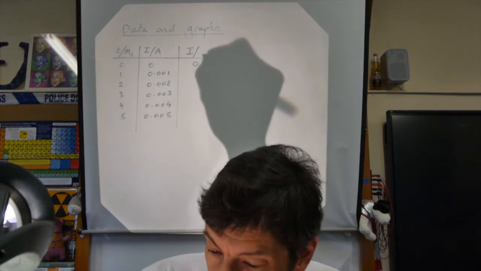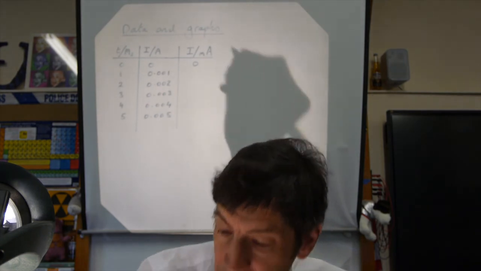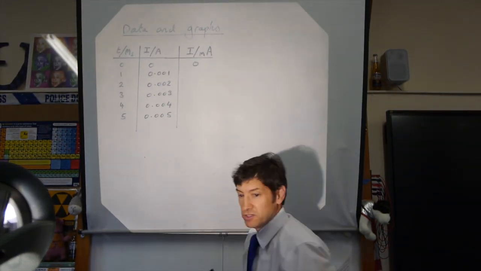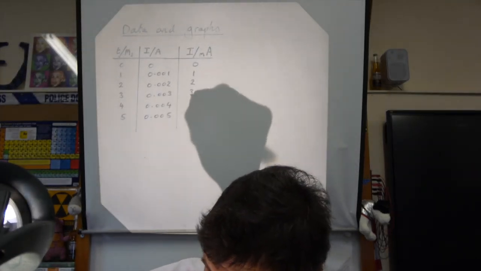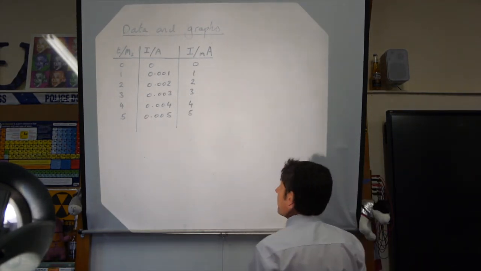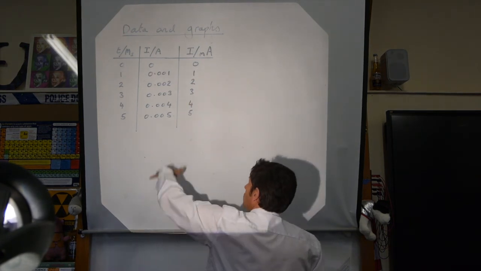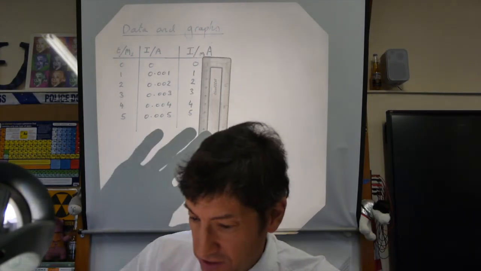So what if we measure everything in small m, big A, milliamps? Well, that makes life a bit easier to plot our graph, because this is 1 milliamp, 2 milliamps, 3, 4, 5. Okay. Now, there are lots of traps you can fall into here. How would you plot this data on a graph? Well, I'll draw some axes over here.